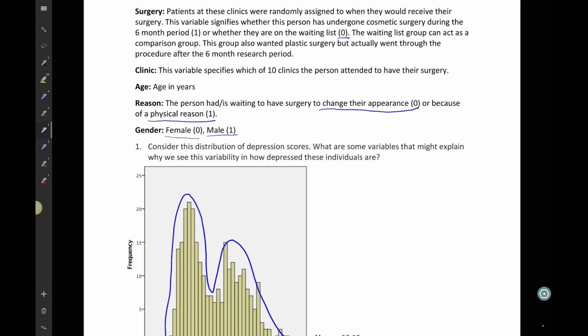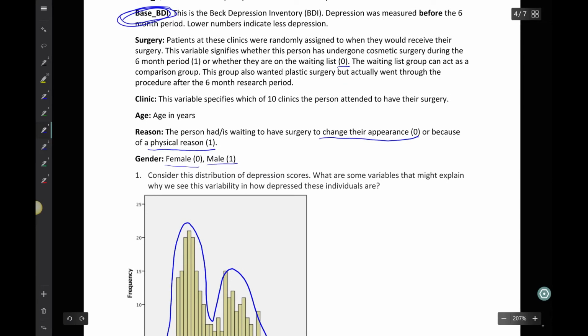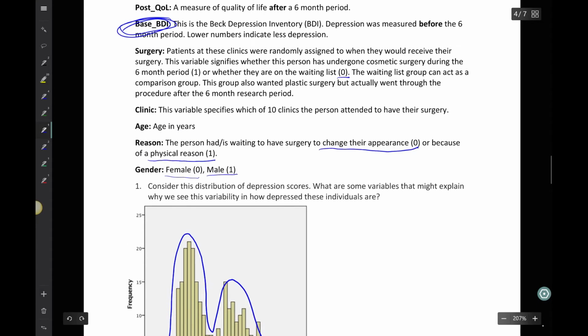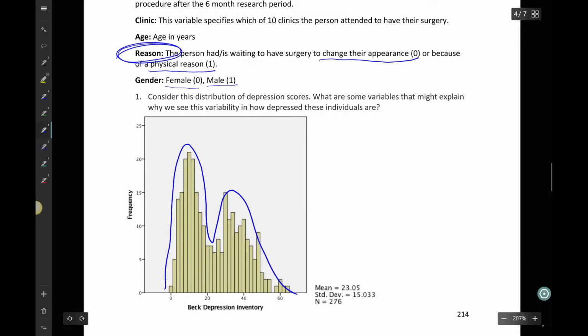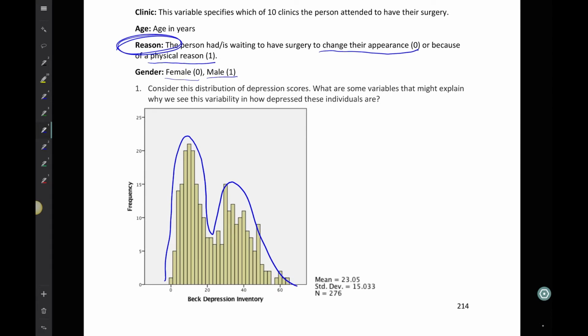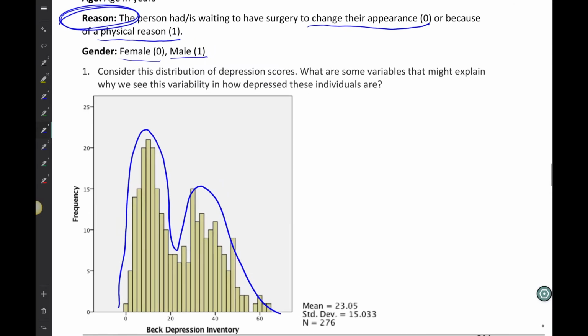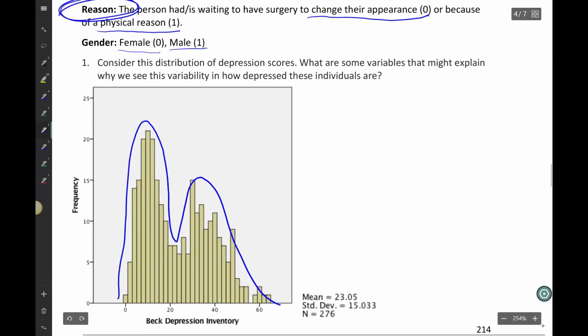So again, maybe we see sex differences, but what we're actually going to explore here is maybe these differences that we see in depression scores have to do with the reason why they had plastic surgery, or cosmetic surgery. So in this case, we're going to be considering whether their depression scores are related to the reason why they had surgery.